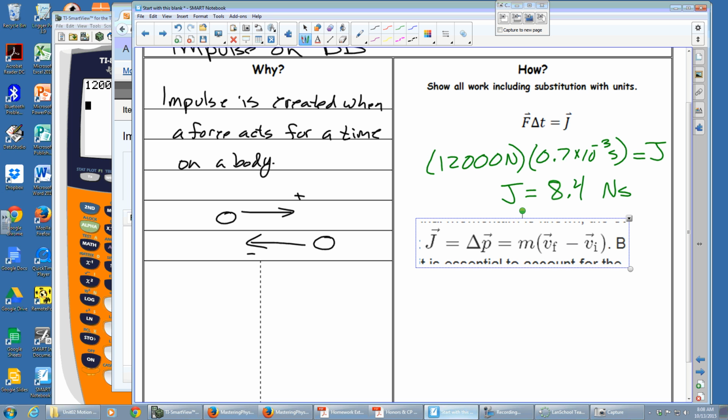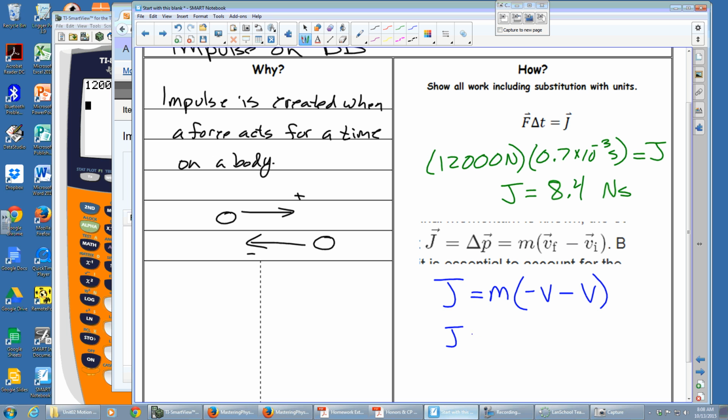And we go, okay, well, I'm going to solve for J. So, as the math, I'm going to have a negative V minus a positive V. A negative minus a positive is going to give me a negative answer.